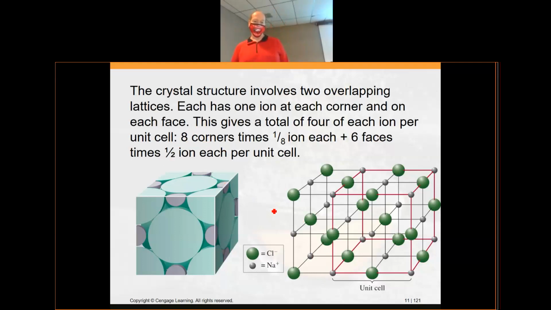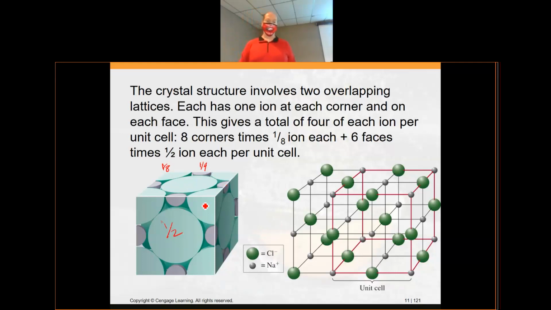All right, so the sodiums are on the edges. This is an edge. But remember, 1/4 of your sphere is on the edge, 1/8 on the corner, 1/2 on the face.